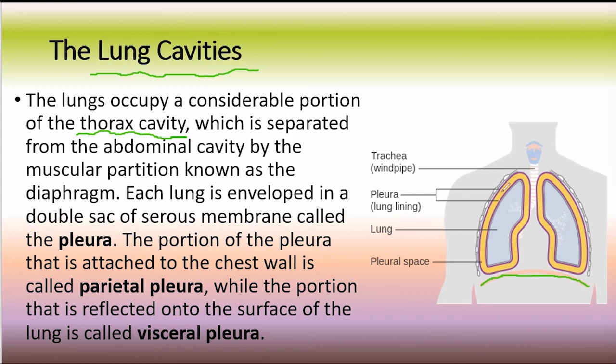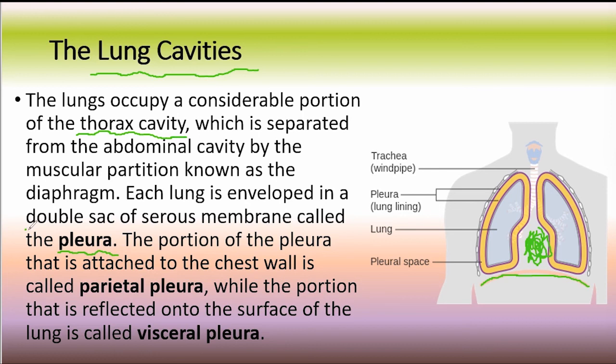In the chest cavity, we have the heart in this area. And we have the lungs. For the lung, we have a special cover. Just like the heart has the pericardium covering it, the lung has a special cover we call pleura. Pleura is the cover of the lung.